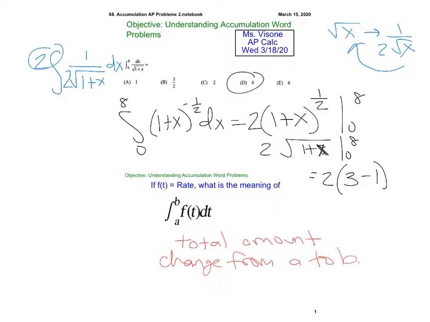Like when we talk about velocity, it's the displacement, the change in the distance. If I'm integrating the rate that I drive from home to school, it's the distance I've traveled from home to school. It's not the total distance, it's the amount of change. So keep that in mind when you're doing these problems.